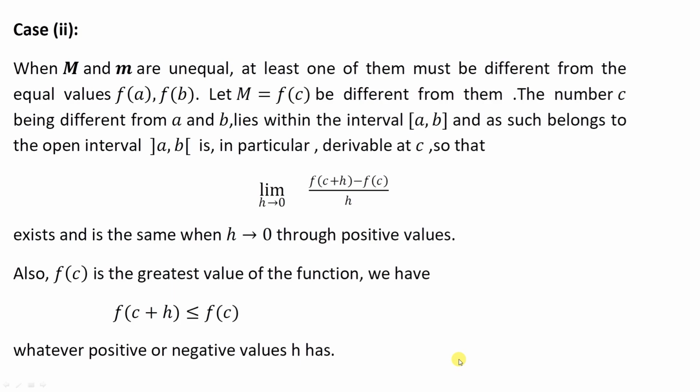In particular, the derivative of the function, f dash of c, is the limit as h tends to 0 of f(c + h) minus f(c) divided by h, as h tends to 0 through positive values. It is equal to f dash of c.